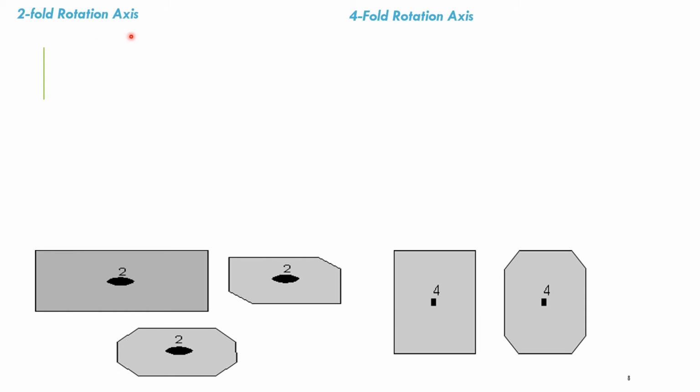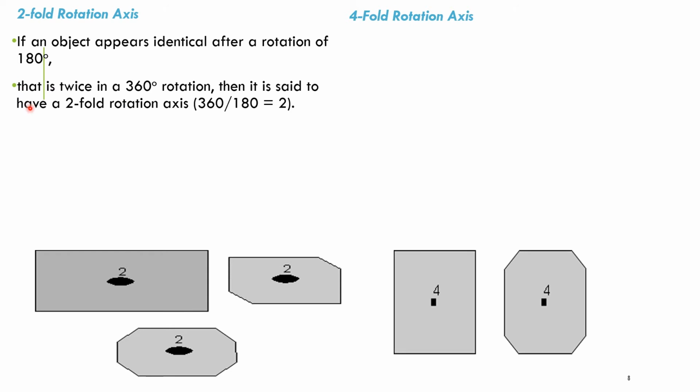Two-fold rotation axis. If an object appears identical after a rotation of 180 degrees, that is twice in a 360-degree rotation, then it is said to have a two-fold rotation axis. That is, 360 degrees divided by 180 degrees is equal to 2.